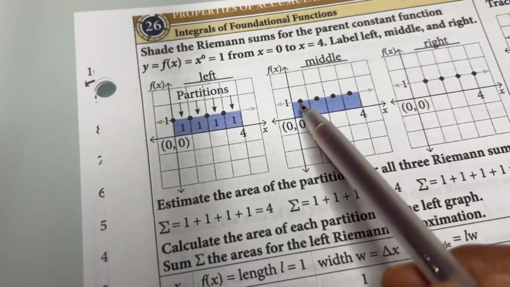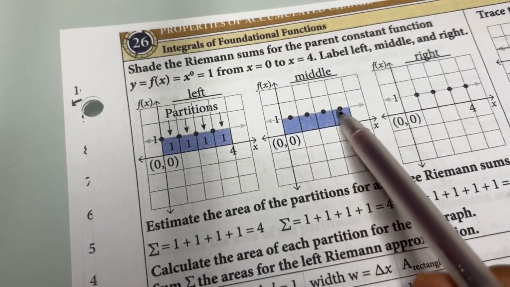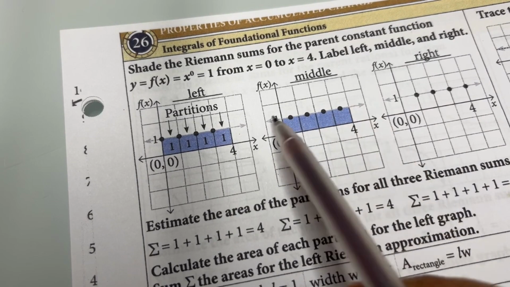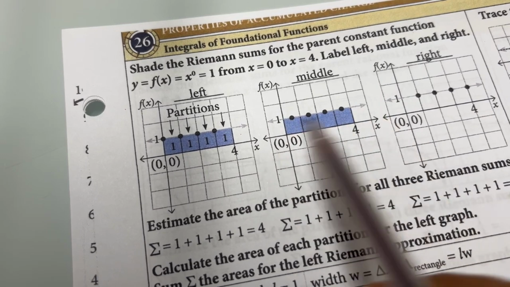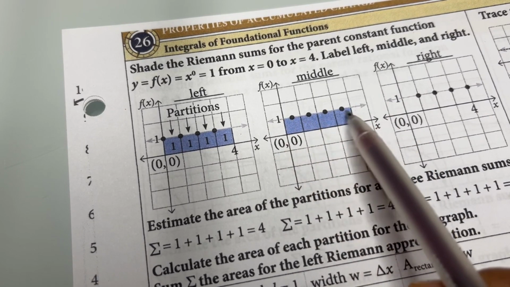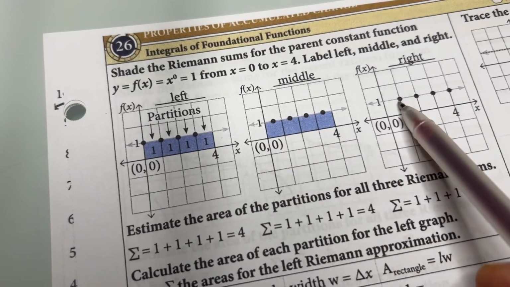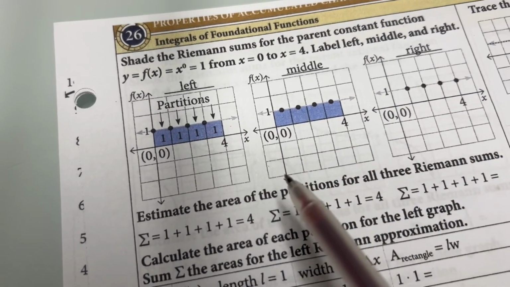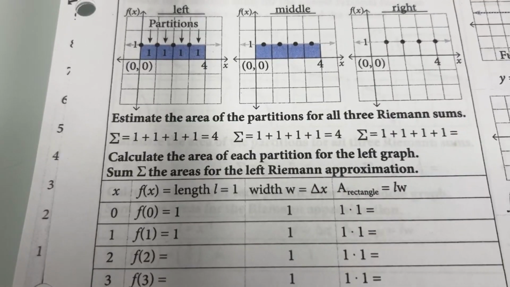And in this case your curve is straight, so this is not really a curve. Your line is touching the middle of your squares. This is the midpoint, and then here it is your right. They've already labeled it, so there's nothing much to label there.